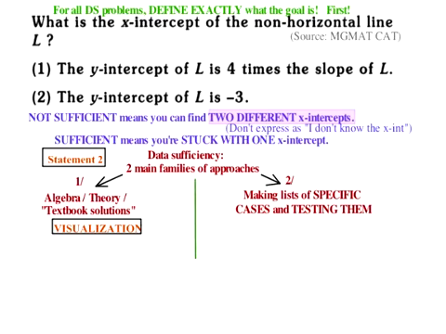The y-intercept is -3. That means you have to go through this point down here. Boom.